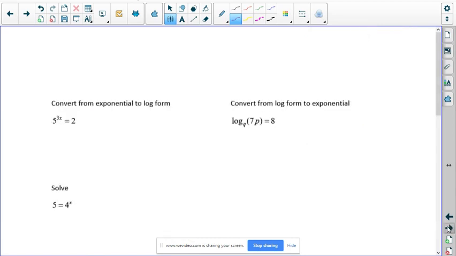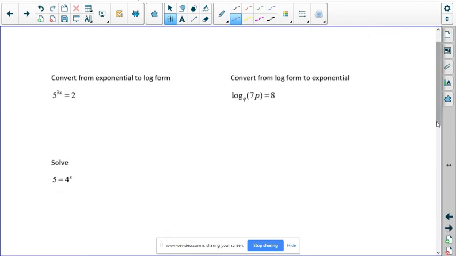Now, let's go ahead and practice some changing from exponential to log form. If we're going to rewrite something in log form, it's going to keep the exact same base that we had before. This base is 5, so this base is 5. By the way, when you write these, it's not like it's all on the same level. This would be bad. What's happening is this 5 is a subscript.